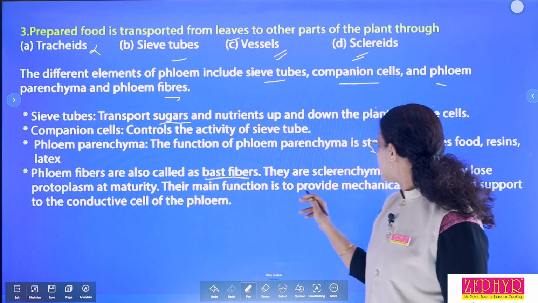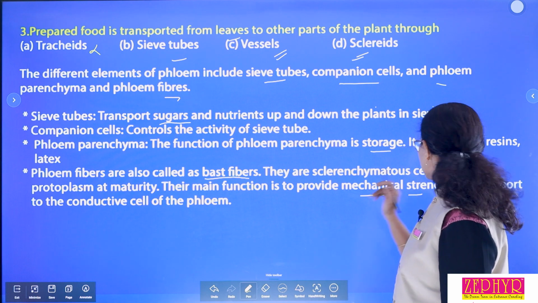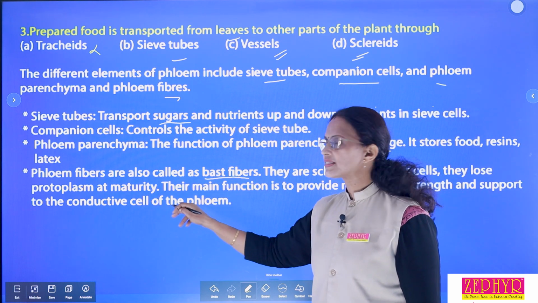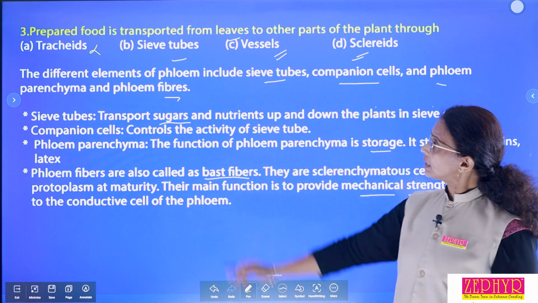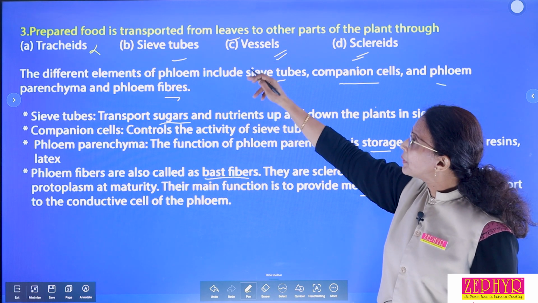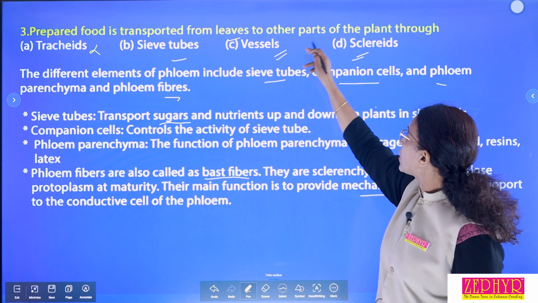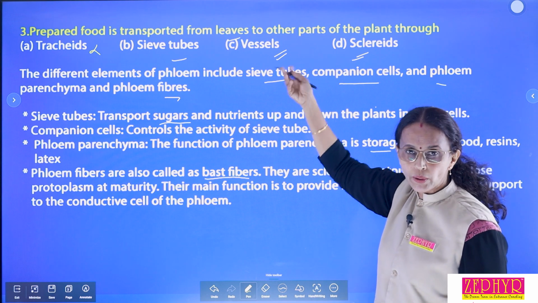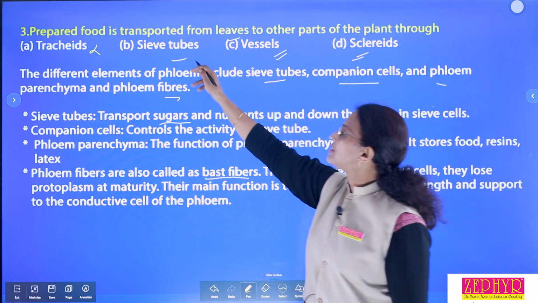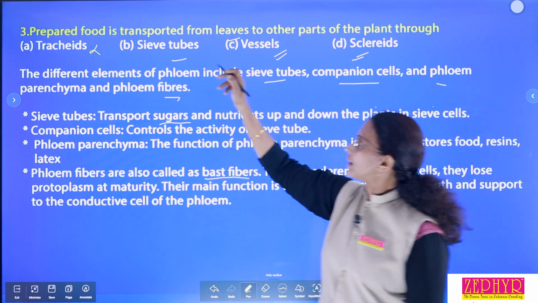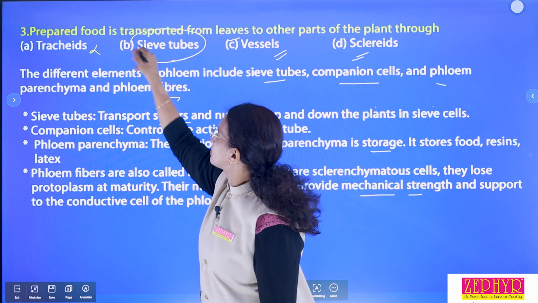Their main function is to provide mechanical strength and support to the conductive cells of the phloem. Once again the question: prepared food is transported from leaf to other parts of the plant through phloem. Which element of phloem? Sieve tube. Okay, the correct option is sieve tube.